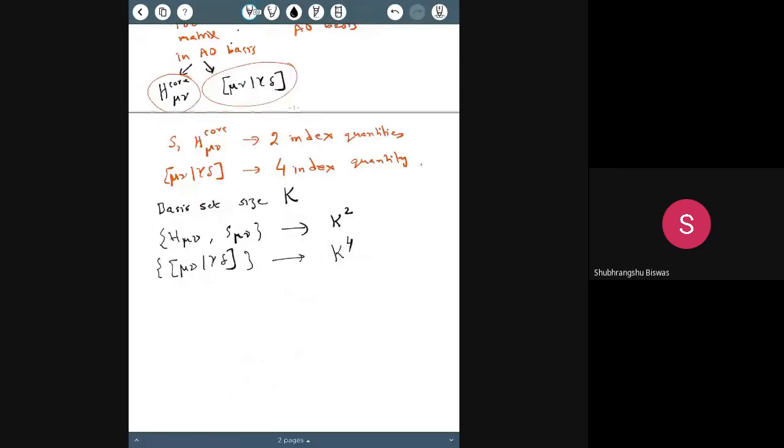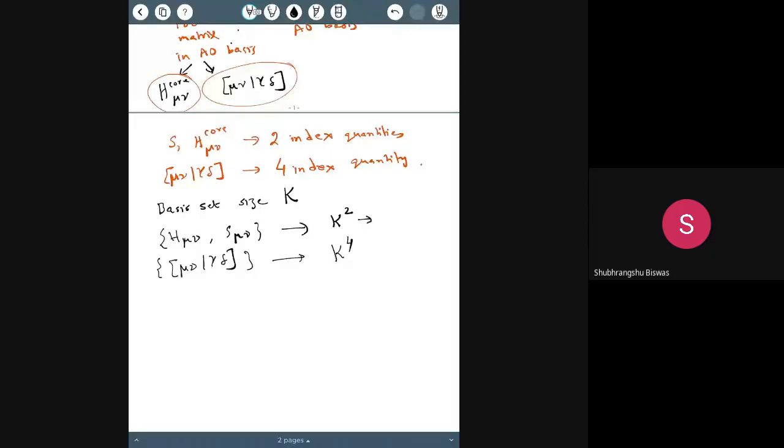Now, this is not quite accurate because there are some symmetries which we can exploit. So H mu nu and S mu nu are both symmetric matrices. So basically, it's not k squared, but k into k plus 1 by 2. That is the number of elements we need to store. And in case of the two body integrals, because of the symmetry of the Mulliken integrals, which we did several classes before, it has an 8-fold symmetry. So you need to store k to the power 4 by 8 number of integrals.